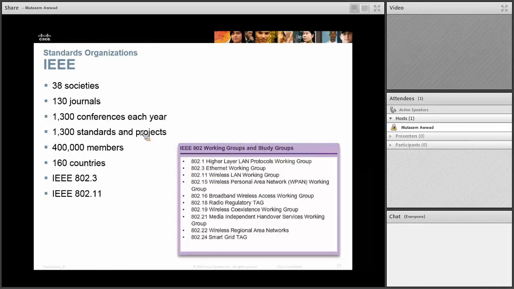The IEEE is one of the biggest nonprofit societies in the world, and like I told you, they house all the metropolitan area network and local area network standards under the 802 series. So as you can see, Ethernet working group is 802.3, 802.11 is the wireless LAN, .15 is the Bluetooth, .16 is the WiMAX, and so on.